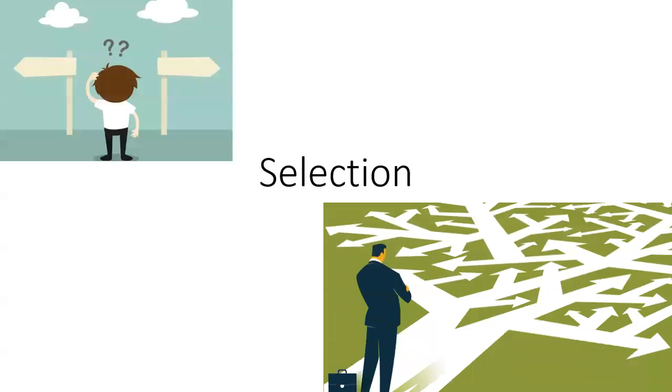Okay. So selection, we also use the term branching. If you look at these little images we've got here, this is the meaning of branching that we mean, where you come in with one point of entry, but you can go one way or another.